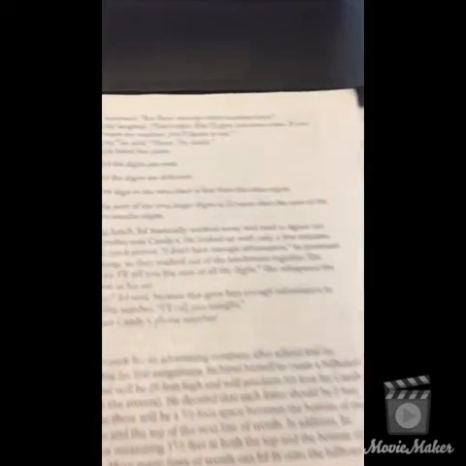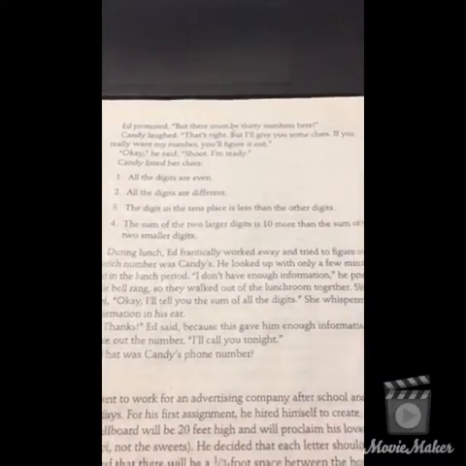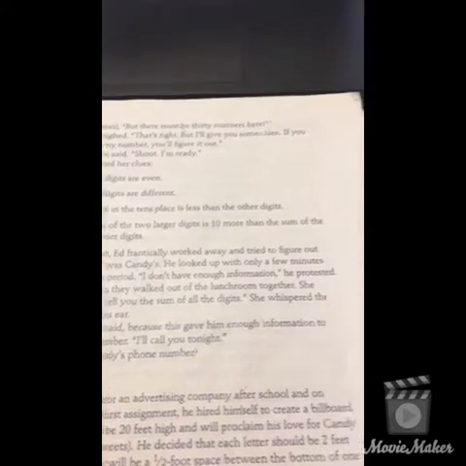Okay. In the next portion, the digit in the tens place is less than the other digits.